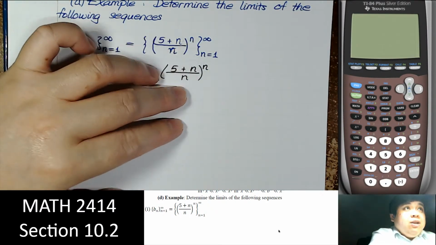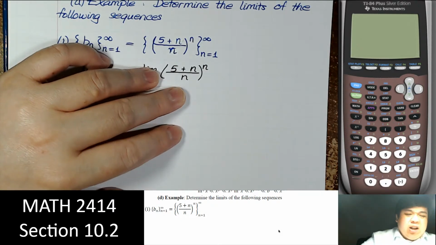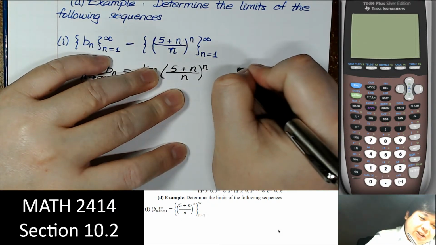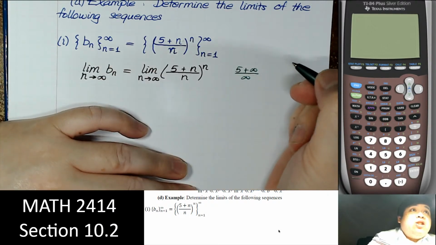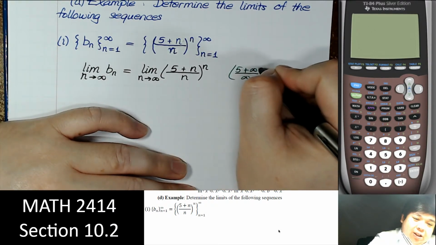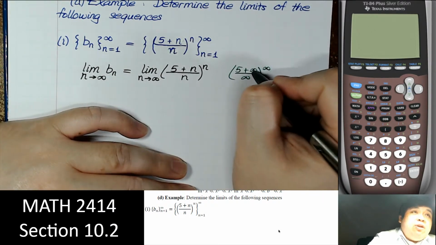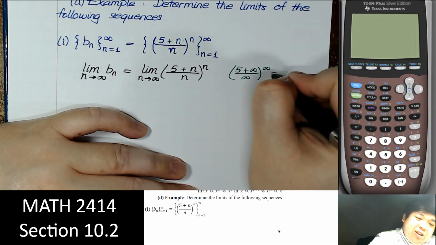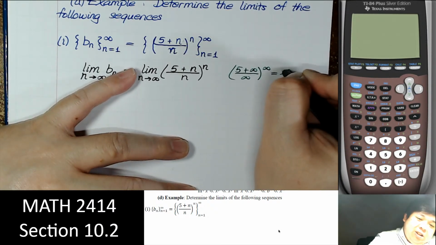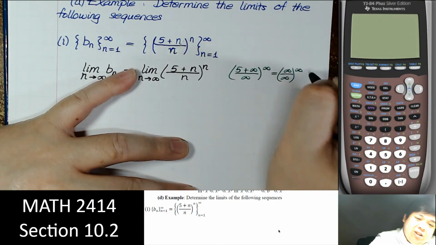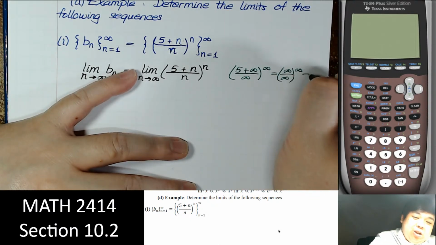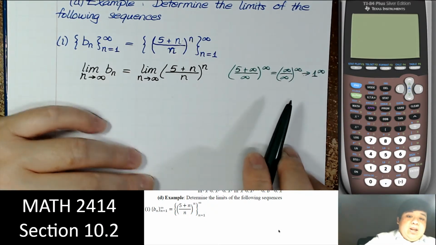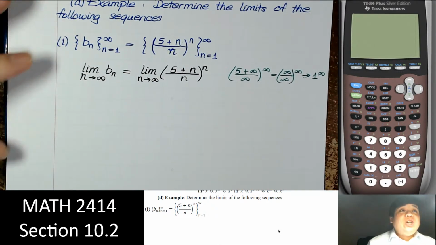So if we put infinity and infinity in here, let's just do that quickly. That doesn't help much, right? But infinity plus 5, so kind of cancel out. So this one, we have the form of indeterminate of 1 to infinity.